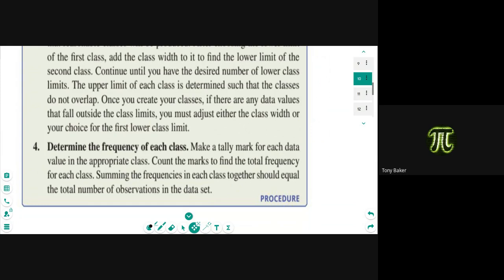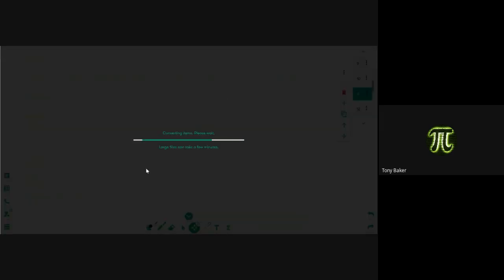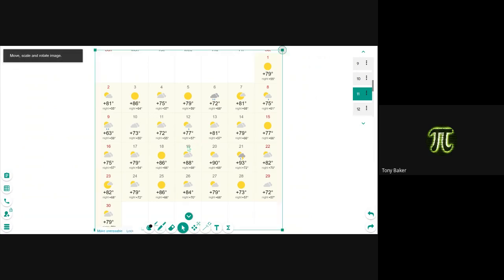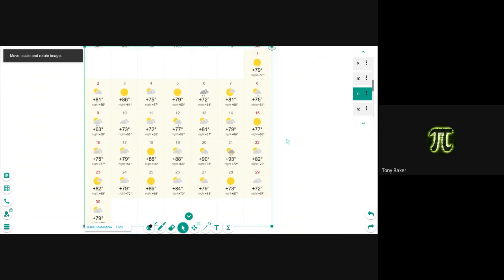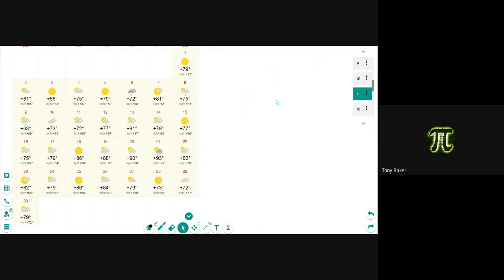All right, here's what you're gonna do. Here's all the temperatures from Norwich for June.